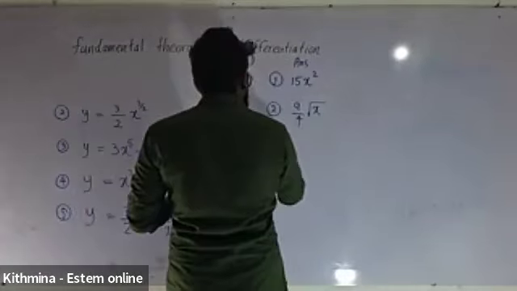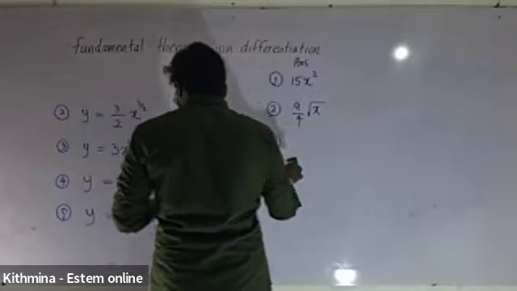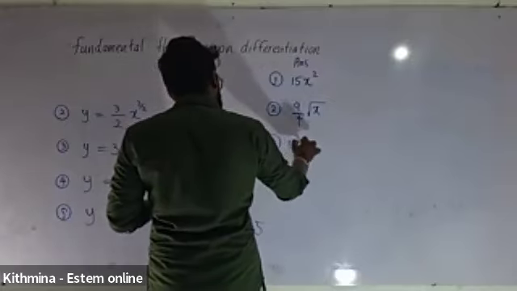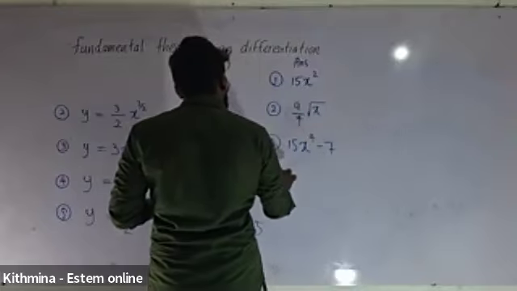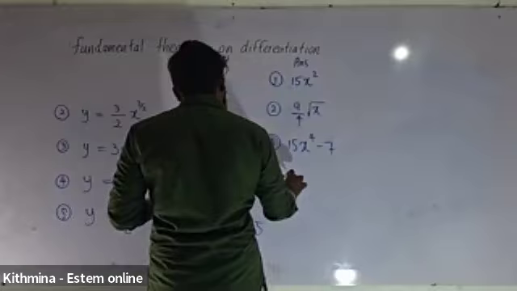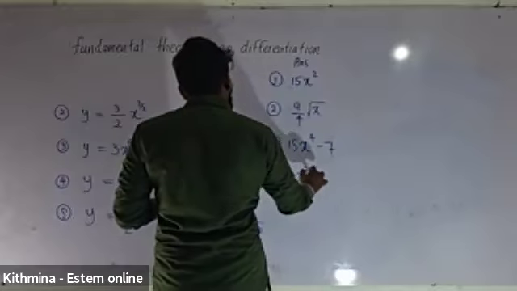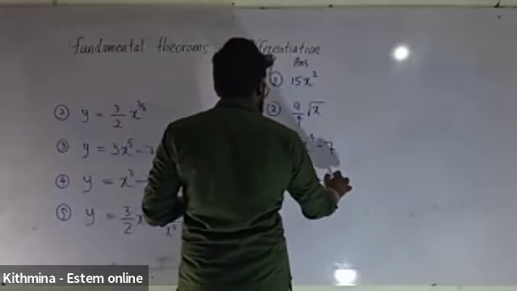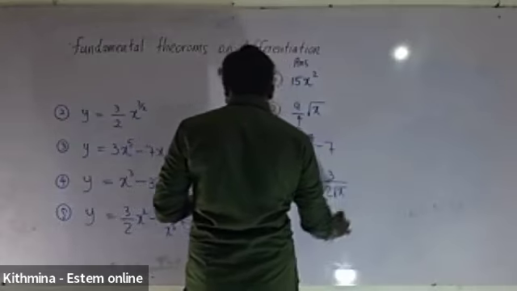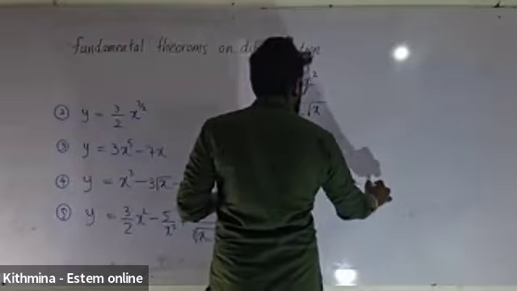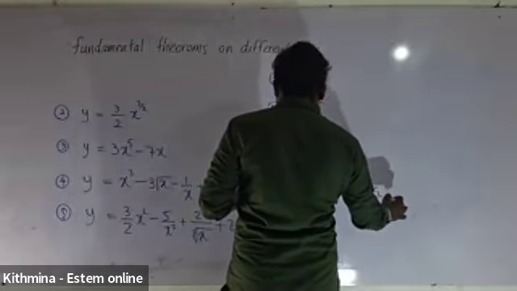Then the answer for 3 is 15x to the power 4 minus 7. The answer for 4 is 3x squared minus 3 over 2 root x plus 1 over x squared.